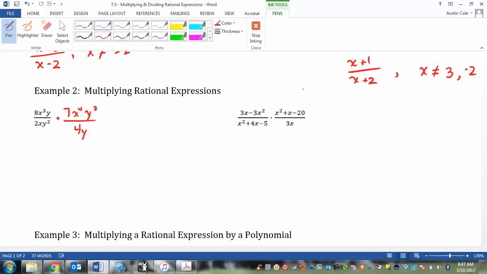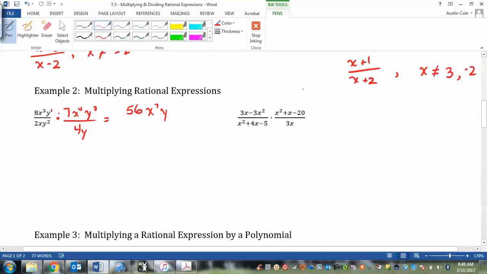So if I look at multiplying my numerators together, 8 times 7 is 56. X to the 3rd times x to the 4th is what? Peyton, what's x to the 3rd times x to the 4th? Great, x to the 7th. Y times y cubed there, Owen? Y to the... There's a first there.